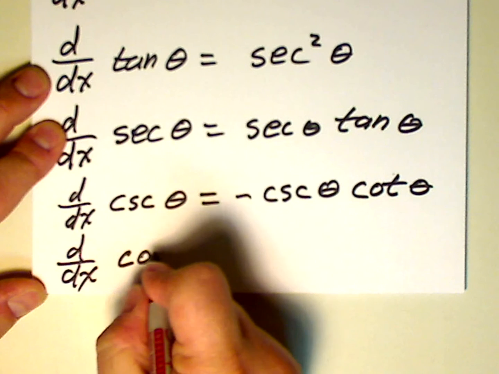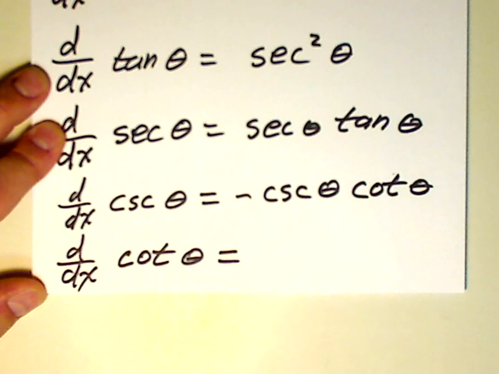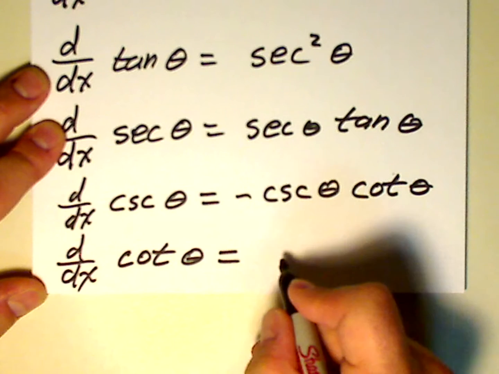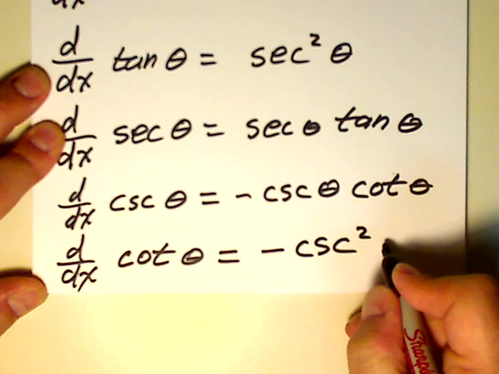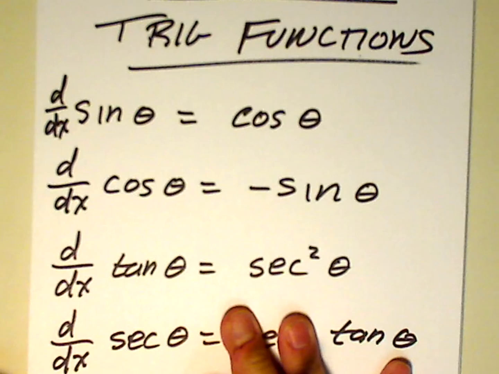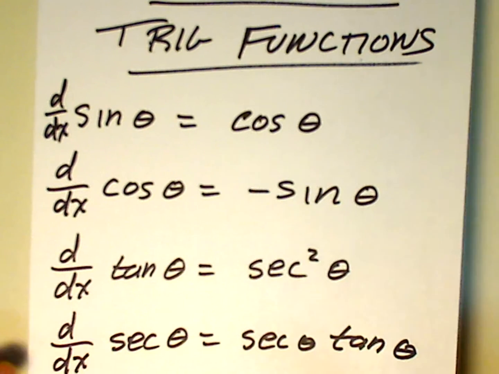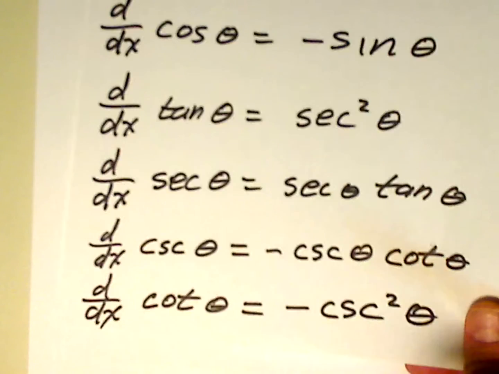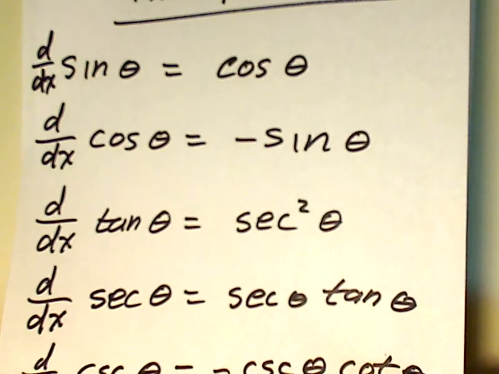The derivative of cotangent theta is negative cosecant squared theta. So, okay, so there's the derivatives of our 6 trig functions. We're not doing the inverse trig functions now, but here's these.